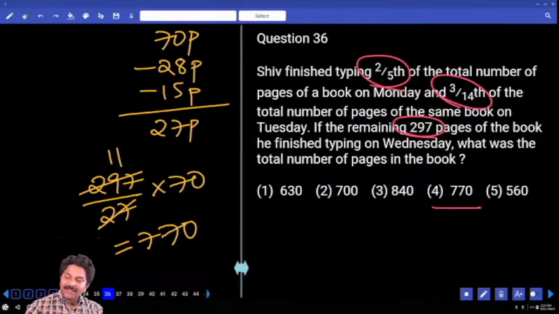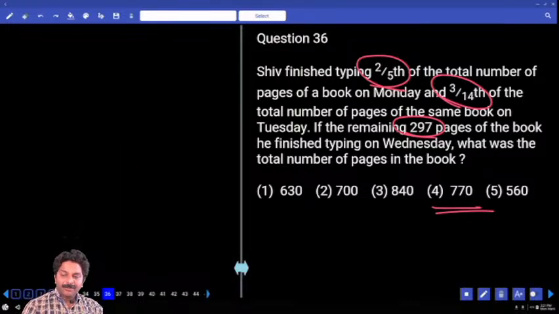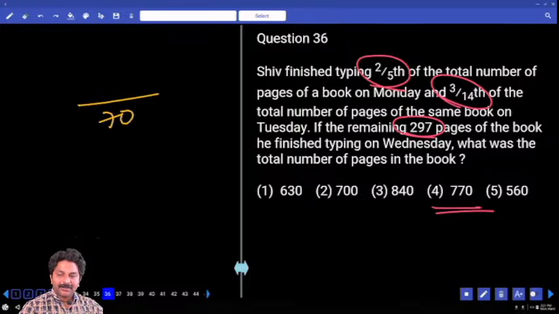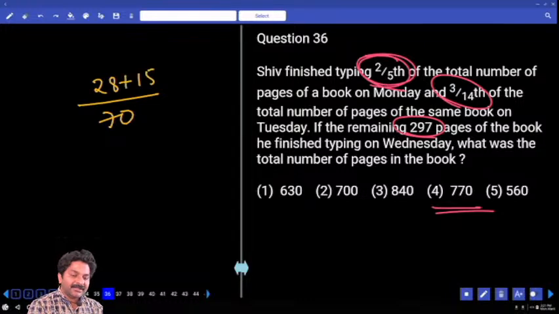But directly, how can you directly take 770 as final answer? See, if 2/5 and 3/14 are over, LCM is 70. From the total, 2/5 in the sense 28 and then 15. This much sum is subtracted from the total. Yes, this is 43.